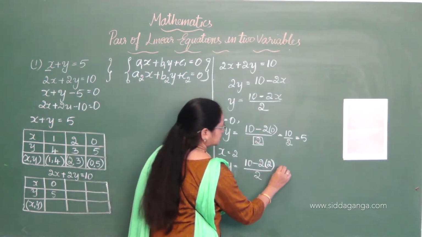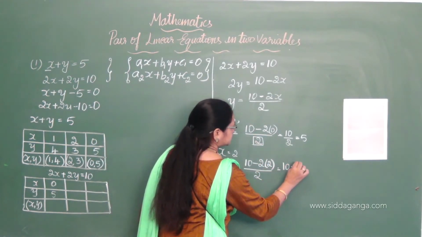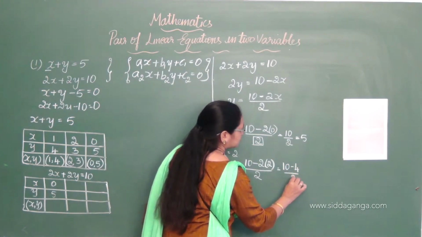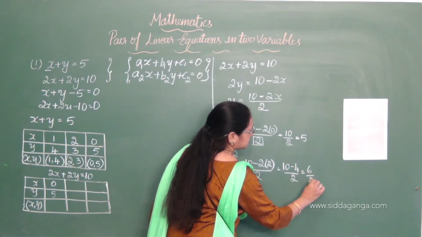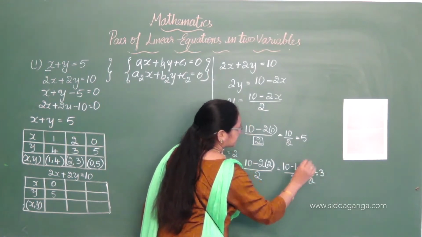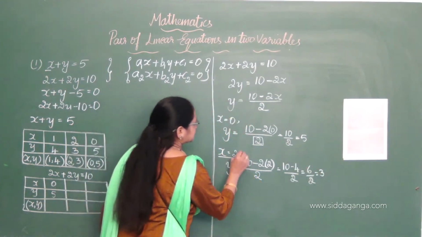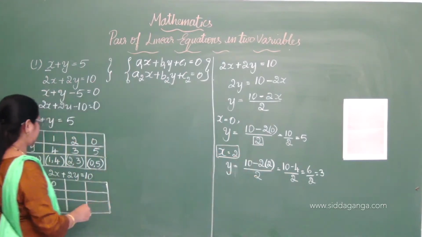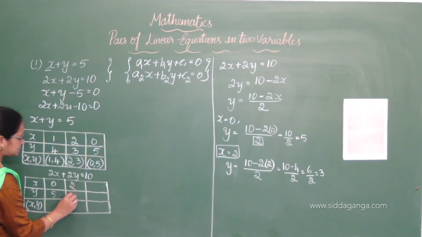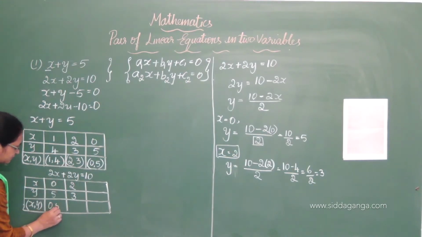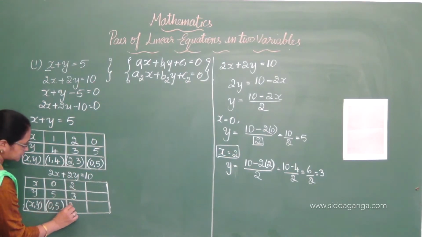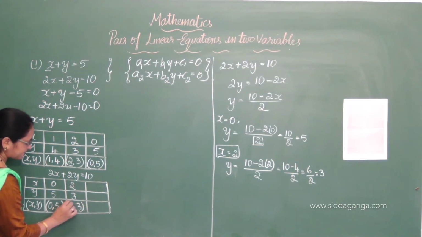Now this will become 10 minus 4 by 2. So this is 10 minus 4 is 6, 6 by 2 is 3. When x is 2, y is 3. So this is 0, 5 and this is 2, 3.